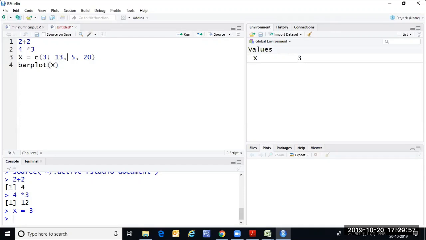Simply giving a set of random values and assigning it to the variable x. I'm building a bar plot on the x. How many variables do I need to build a bar plot? Two. Sure.